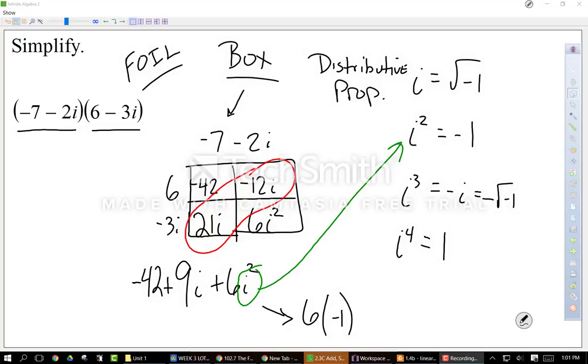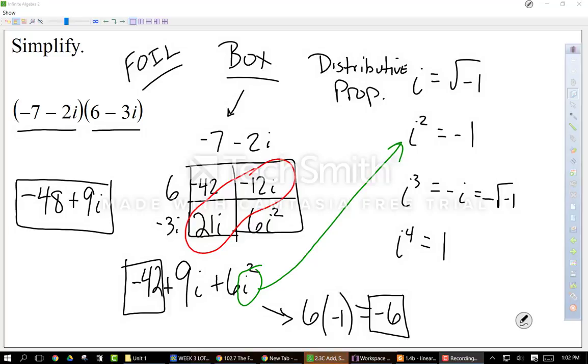So this really turns into just -6, which can then be added to the -42 in the front. So the final answer is -48 plus 9i. I combined the -42 and the -6 to get -48. The 9i is just written at the end because there's nothing else I can add it to.